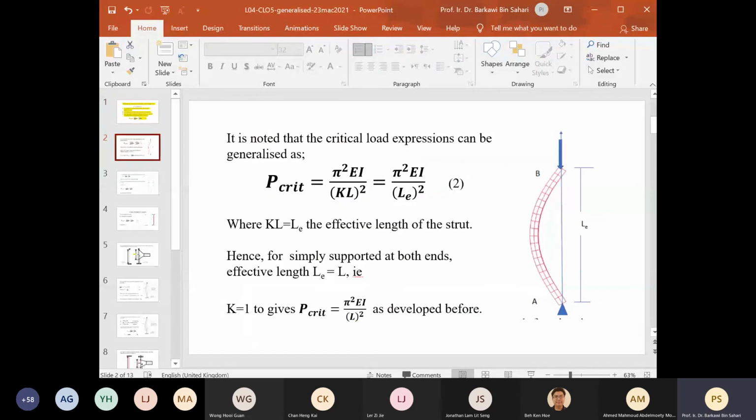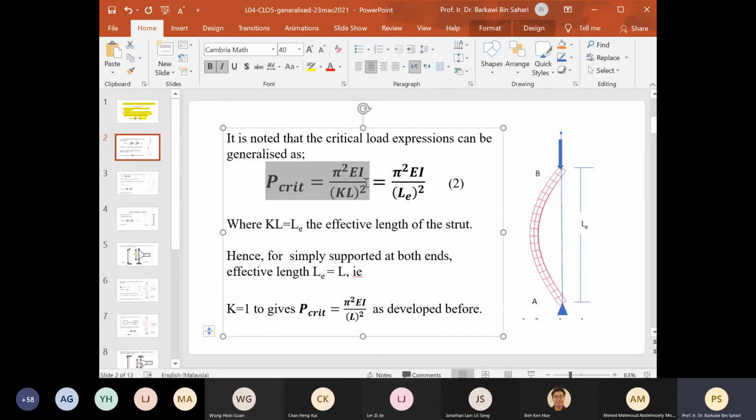Okay, so we will look back at what we have done. On both types, we have pi squared EI in the numerator. For the simply supported or pin support, we have pi squared EI over L square. For the clamp free support, we have pi squared EI over 4L square.